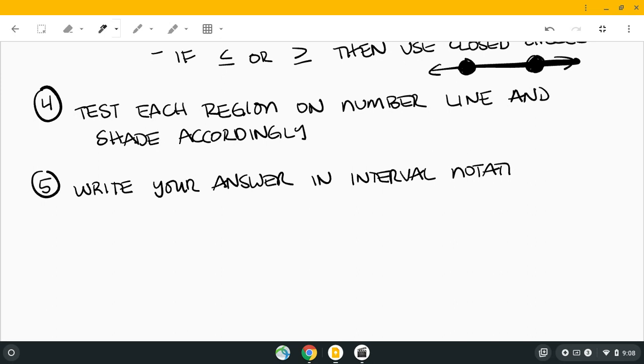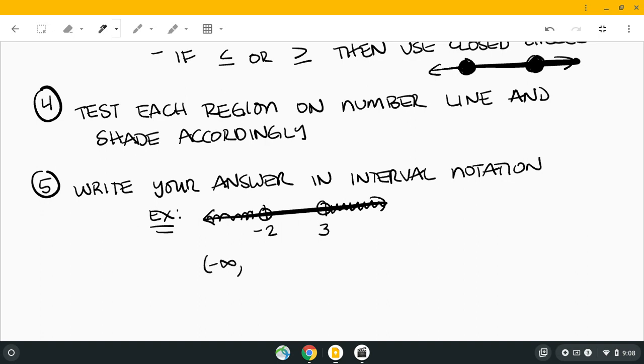For example, suppose we have open circles, this one at -2 and this one at 3, and you're shaded like this. Then that's -infinity to -2, union 3 to +infinity. Okay, so that's interval notation.